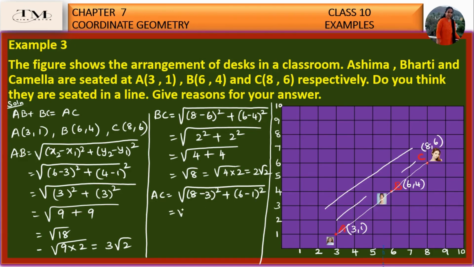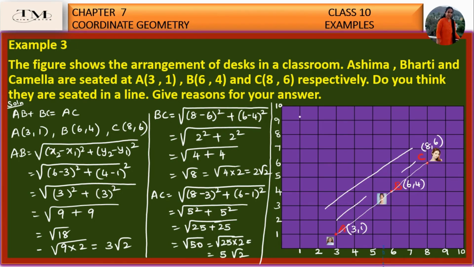So 8 minus 3 is 5 square plus 6 minus 1 is 5 square. 5 square is 25, so root of 25 plus 25 is root 50. So root 50 can be written as 25 into 2. Root of 25 is 5, so it is 5 root 2.